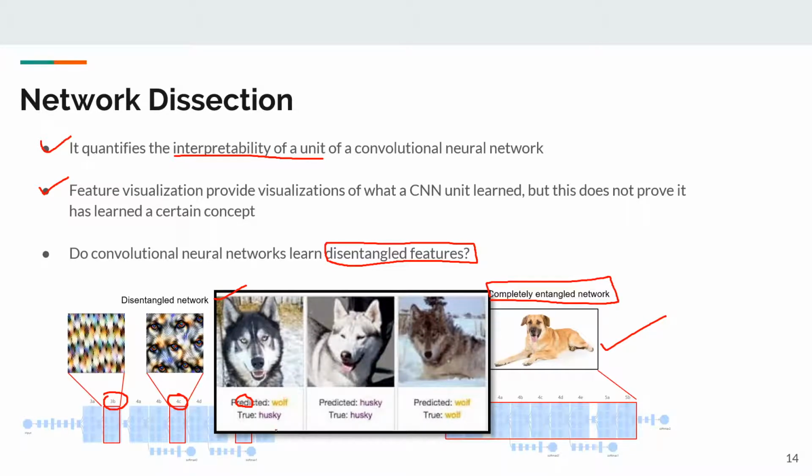We can check whether this unit depends on the dog snout, fluffy fur, and snow units from the previous layer. If it does, we know that it will misclassify an image of a husky with a snowy background as a wolf. In a disentangled network, we could identify problematic non-causal correlations and automatically list all highly activated units and their concepts to explain an individual prediction.